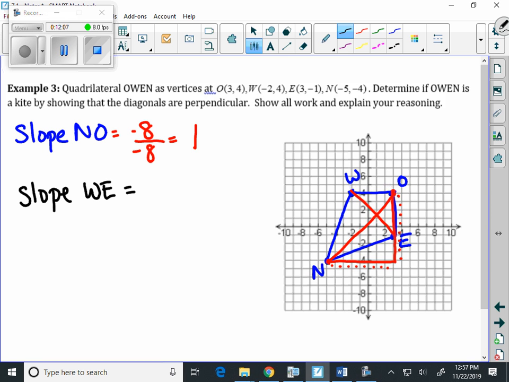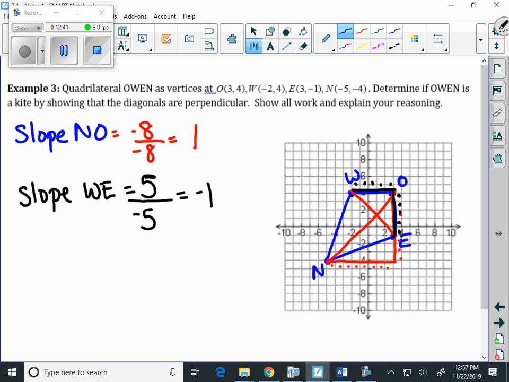Here's E and W. We're going to go 1, 2, 3, 4, 5 up, and 1, 2, 3, 4, 5 left. Left is a negative. When we simplify this, that equals -1. So we've got a slope of 1, we've got a slope of -1, and we want to show that the diagonals are perpendicular.